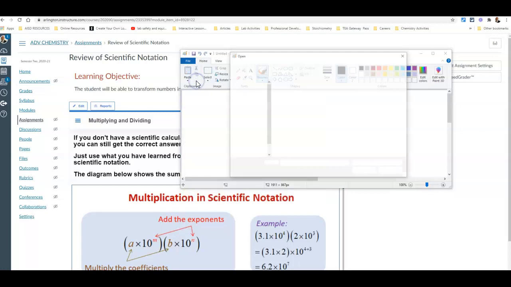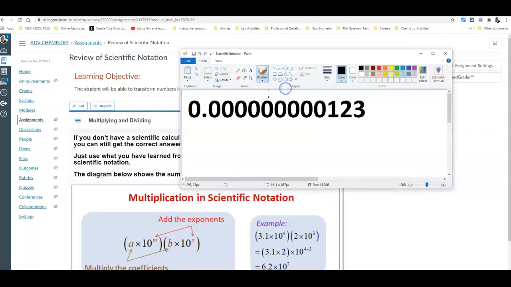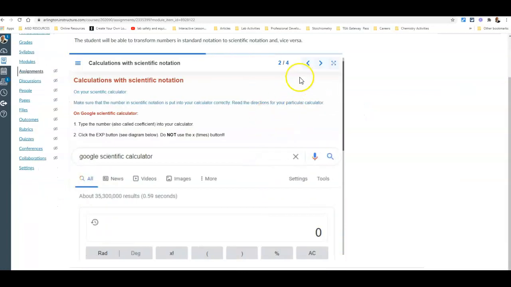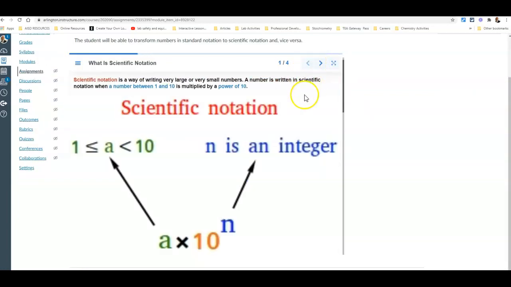I'm going to share a question here on scientific notation. Now the question is, why scientific notation? If you look at what we have here on this model, it says scientific notation is simply a way that scientists write very large or very small numbers in such a way as to make it readable or easy to work with.